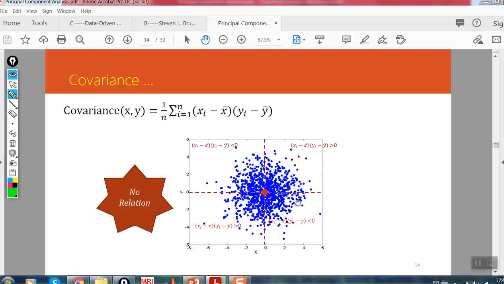The distribution is like a circle. Then according to covariance, according to this equation, according to the calculation of these distances, there is no relationship between these data.